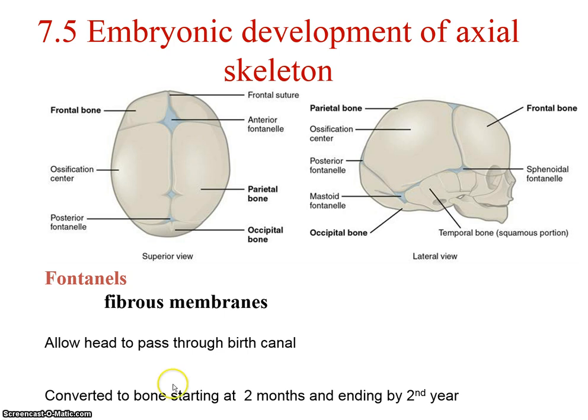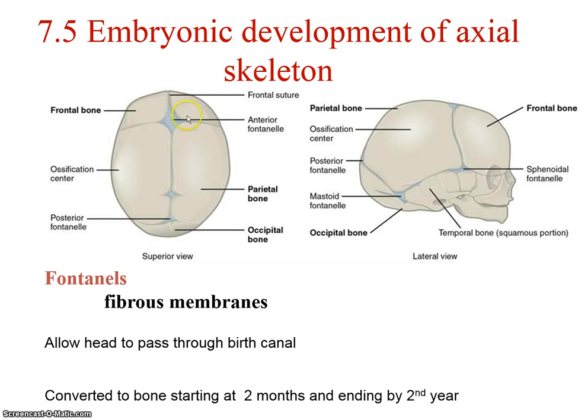These ossification centers, as I show you here, there's a primary and a secondary, and they grow together during in utero development. But we won't have a complete conversion. The fontanelles are the remnants of this dense fibrous connective tissue.